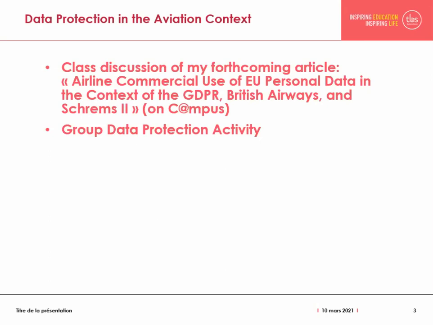Now, for 6 months, under the UK European Union free trade agreement that was negotiated in December, they've extended the period for treating Great Britain as having an adequate level of protection of data. So until July 1 or June 30th at the latest, they've extended the time period during which it will be considered that the British have an adequate level of protection of data to allow for free flows of data between the European Union and the United Kingdom.